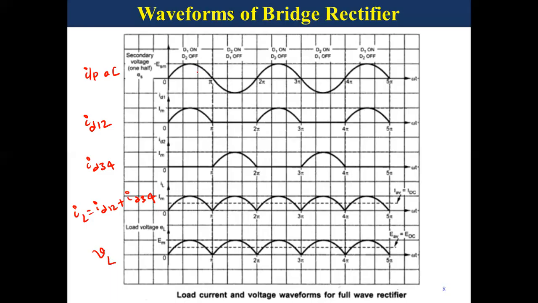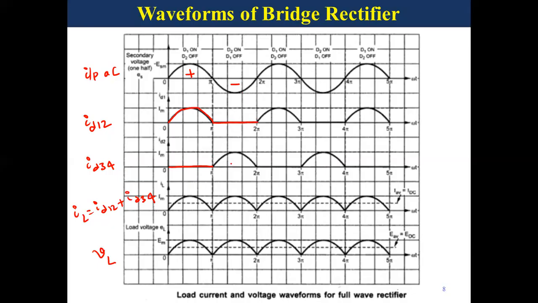So during the positive half cycle of the input, diodes D1 and D2 are forward biased and hence conduct. So we are getting a positive half cycle. At the same time, the diodes D3 and D4 are reverse biased. They don't conduct, so current equals 0. And during the negative half cycle of the input, diodes D1 and D2 are reverse biased, don't conduct, so current equals 0.